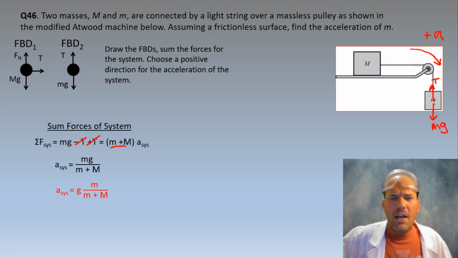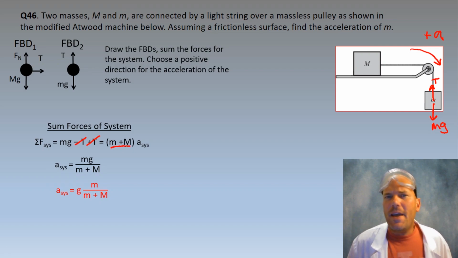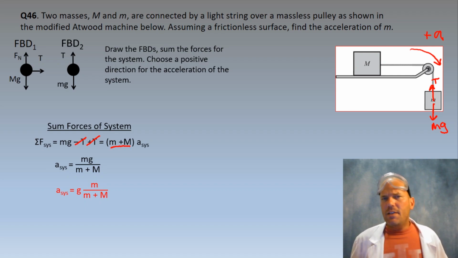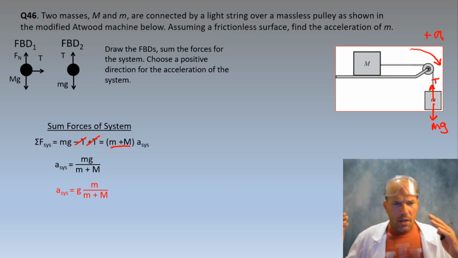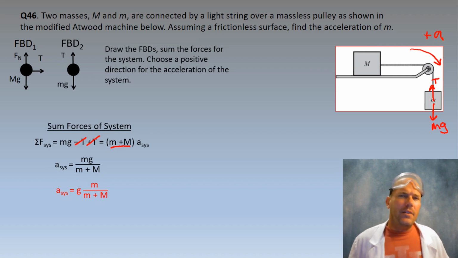However, if you do not remember to add the larger mass, capital M, then you're going to get an incorrect answer, because this system is composed of two masses, and you have to add those together ultimately. Okay, so the final value, if we factor out the acceleration due to gravity, or little g, we end with this expression here.